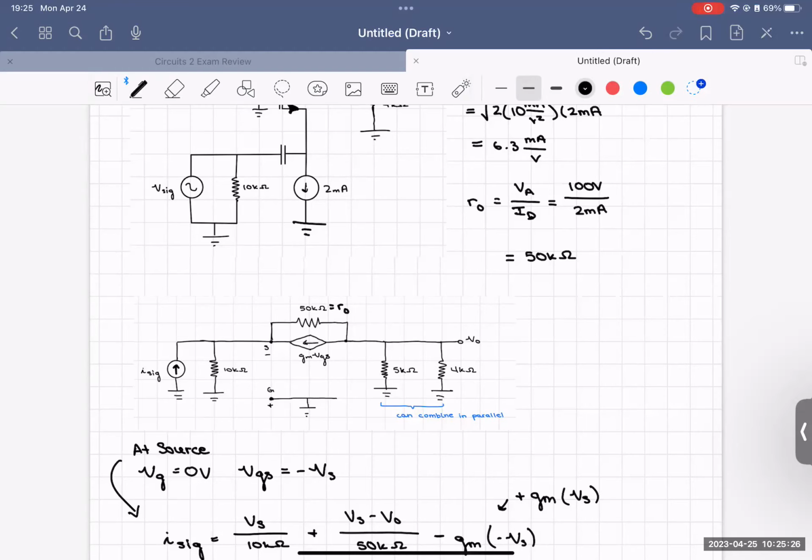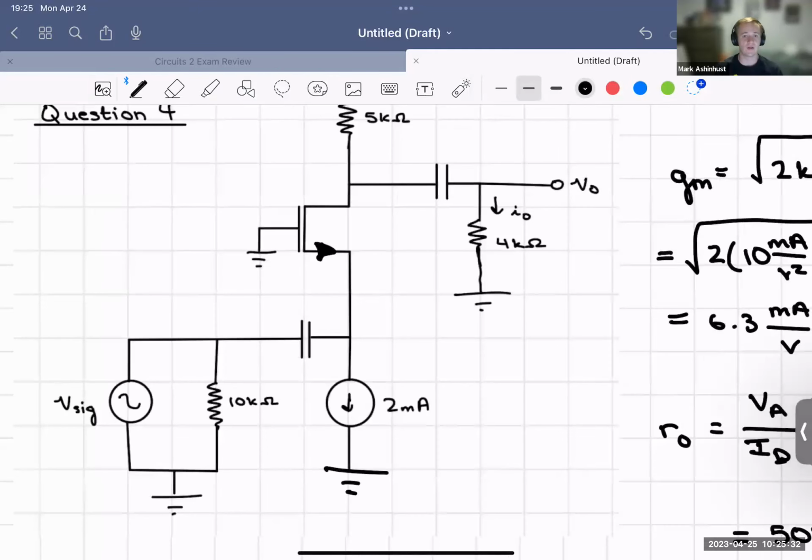And you know it's a common base because the base here on the left side is tied to ground with nothing, no source. Oh, and then common drain is when the drain is connected to ground, nothing else. Okay, that makes sense.